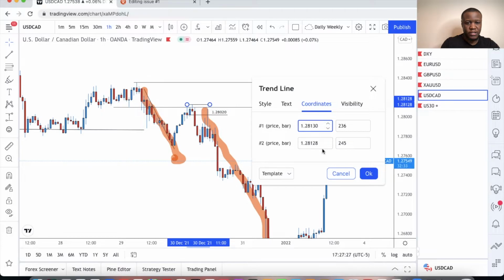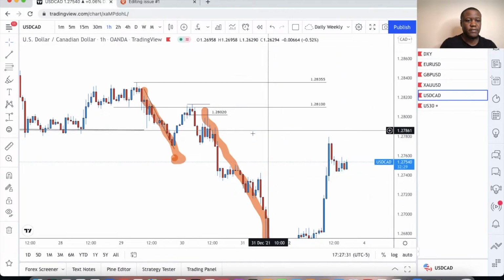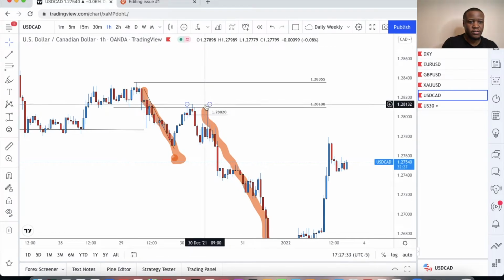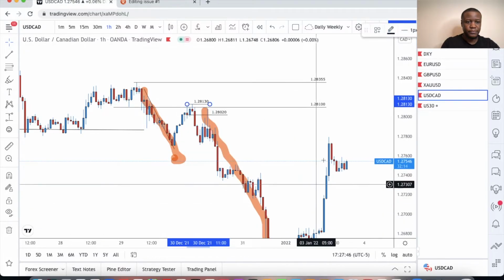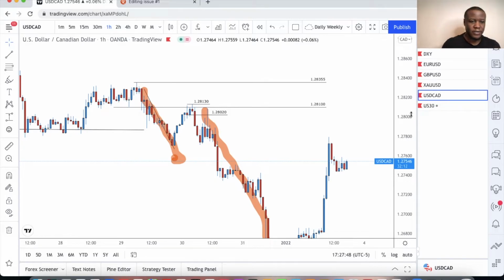I'll go 130 for your stop loss. So 1.28130 for your stop. So that'll be your stop loss.